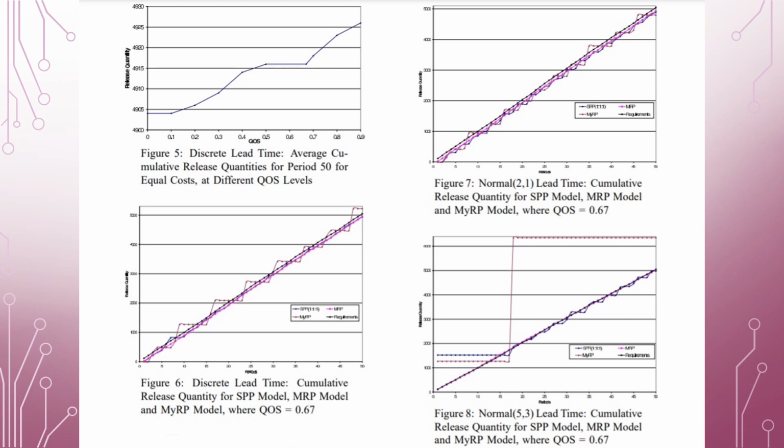Figure 6 describes the discrete lead time cumulative release quantity for the SPP model, MRP model, and MYRP model where QoS is equal to 0.67. And last, figure 8 describes the normal 5,3 lead time cumulative release quantity for the SPP model, MRP model, and MYRP model where QoS is equal to 0.67.